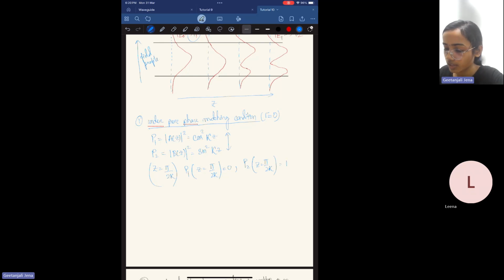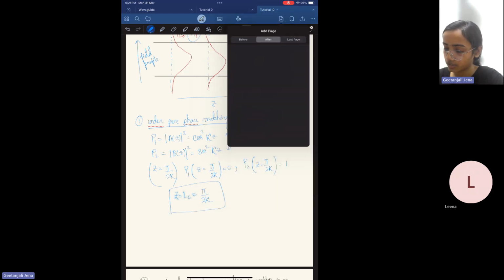That means most of the input power is coupled to the T1 mode after this much distance. So we now have the coupling length for this co-directional coupling, which will be pi by 2 kappa. This is for the pure phase matching condition.